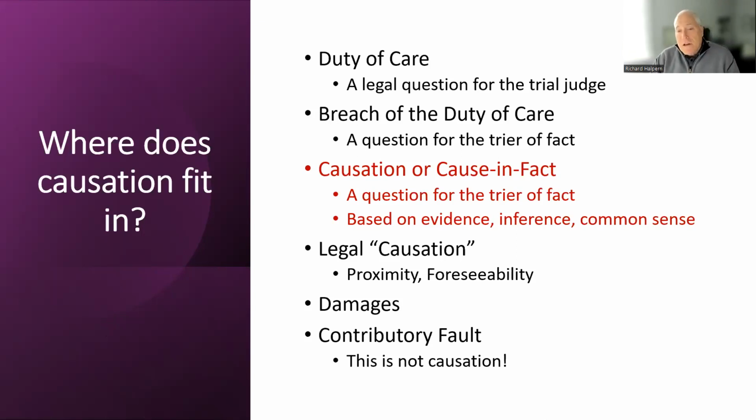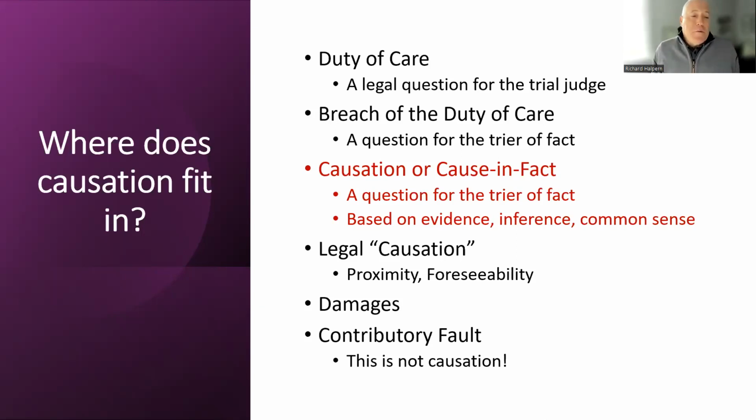And then the case law is also clear that the trier of fact is entitled to bring an appropriate amount of common sense to the determination of causation, provided that common sense is operating on the evidence that has been called in the case. After causation is determined, then the subject of legal causation comes up. Legal causation is an unfortunate term for the next step because it isn't really causation in the way we think about causation.